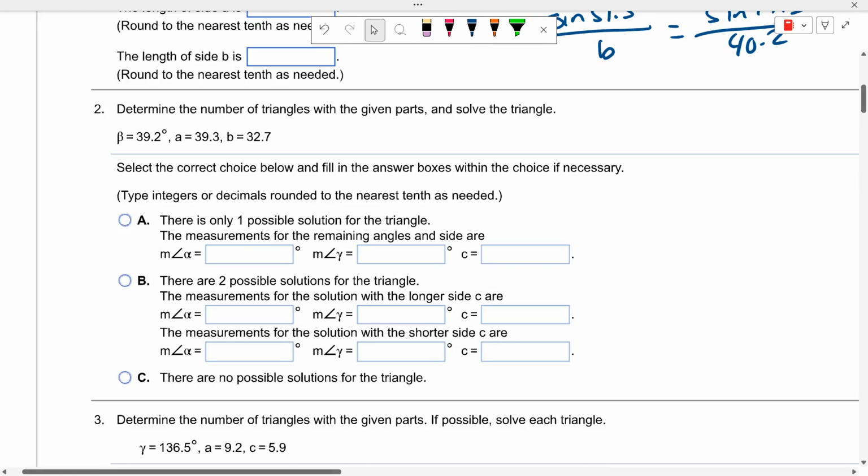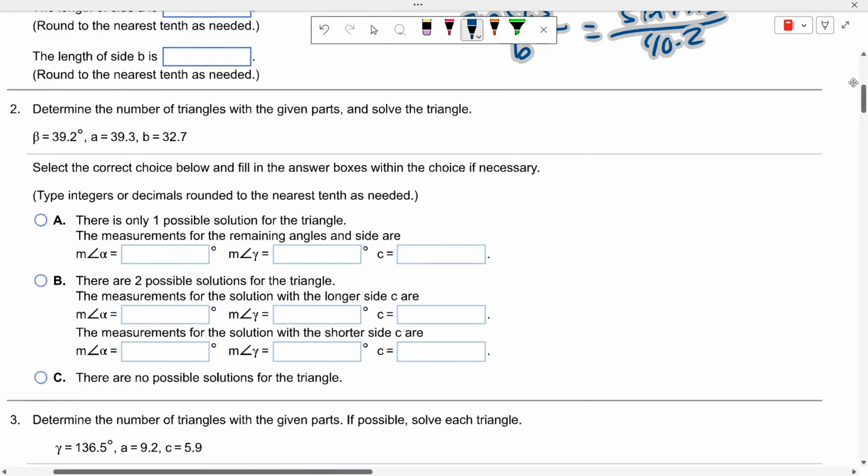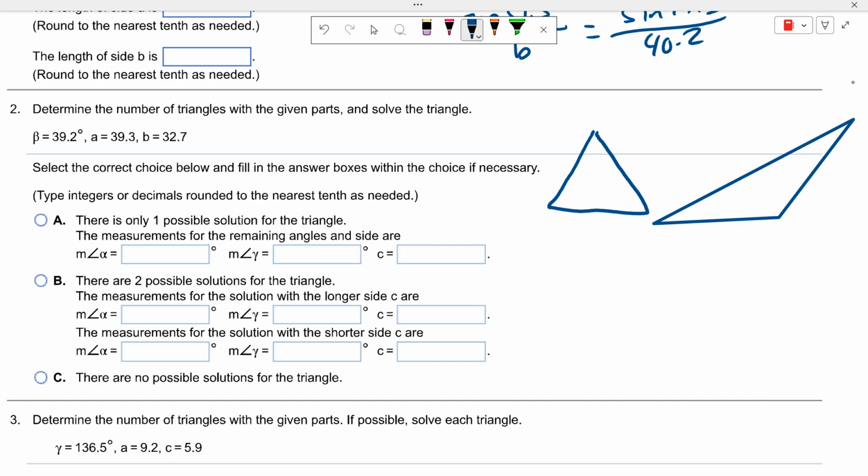Now, when you see a problem like this, I would draw two triangles right away, but do not label them. On the first one, it gives you angle B is 39.2, so 39.2 goes here. B is opposite of that, that's 32.7.